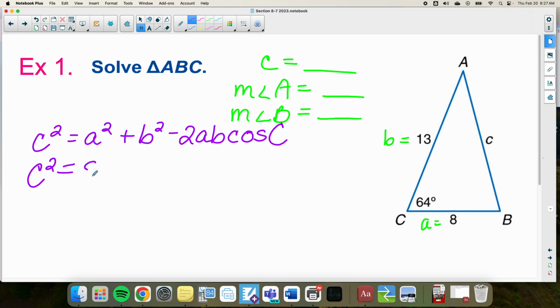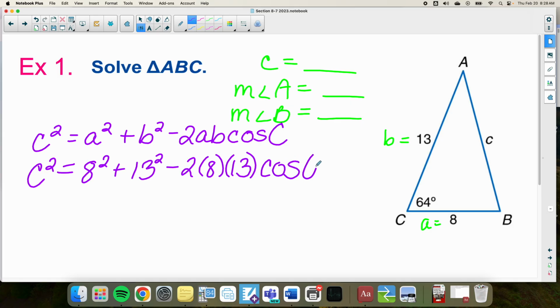A is 8 squared. B is 13 squared minus 2 times A is 8, B is 13, and then I know the angle of C, so it's cosine of 64, okay? What we're going to do, just watch this first. We're going to go on our calculators and type this side in, the whole right side. That is going to give us C squared.